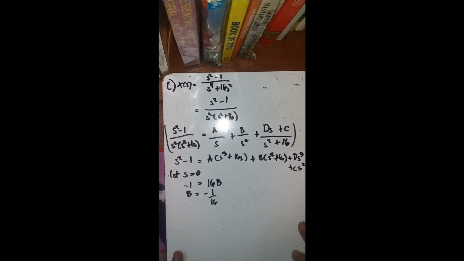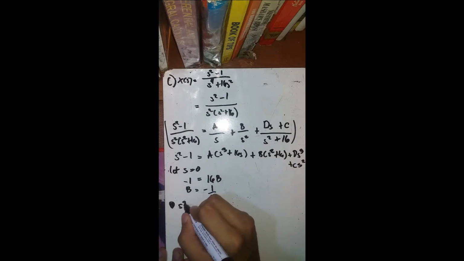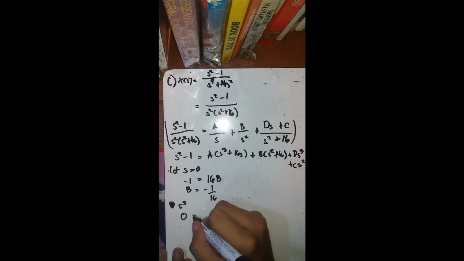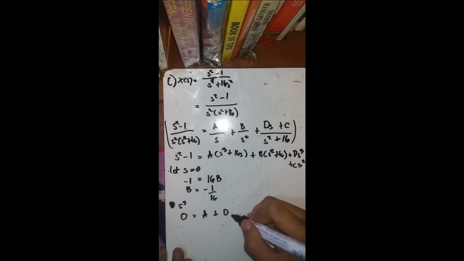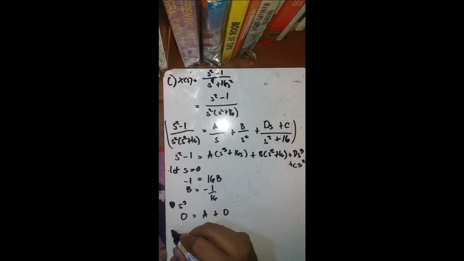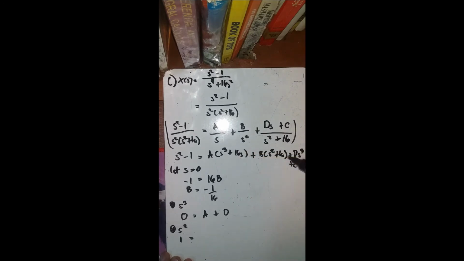Next, I'll try to find the coefficients. At s cubed, there is no s cubed, so 0. Here we have a, we have none, but we have plus d. Next, at s squared, I have 1. Here we have none, but your b, you have s squared, so your b here is negative 1 over 16, plus c. So your c here is equal to 17 over 16.